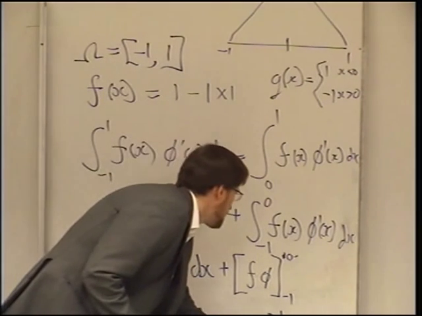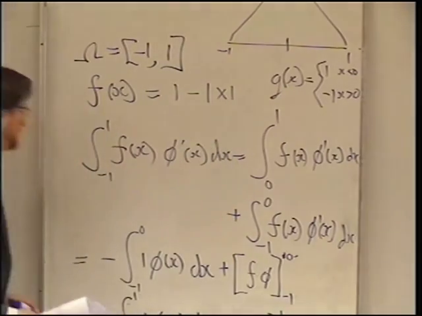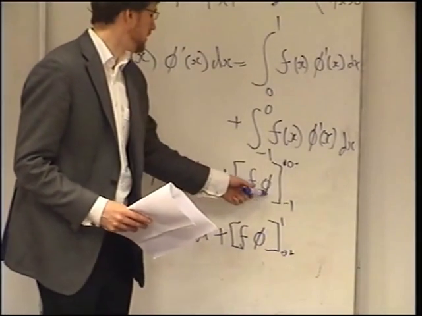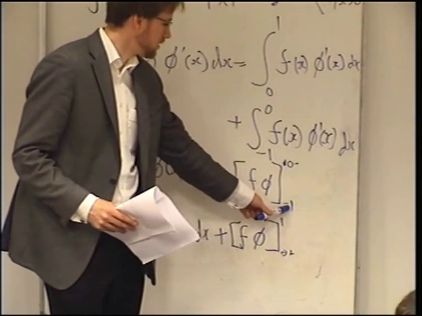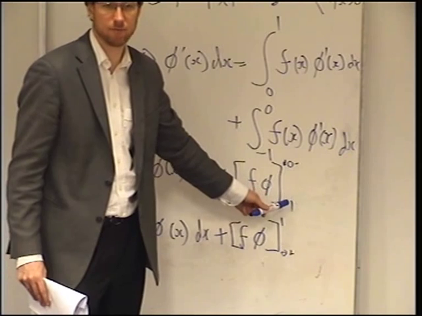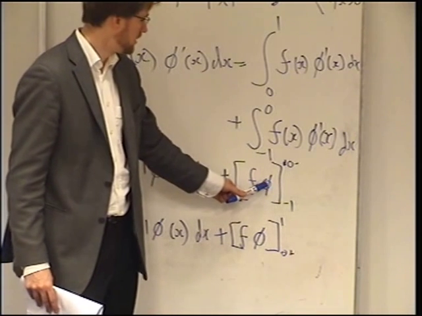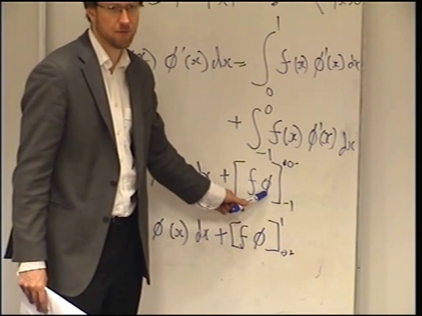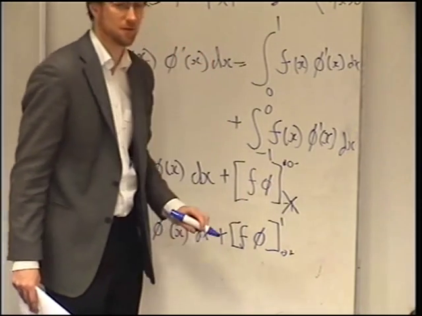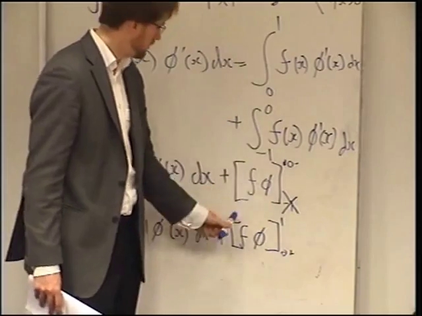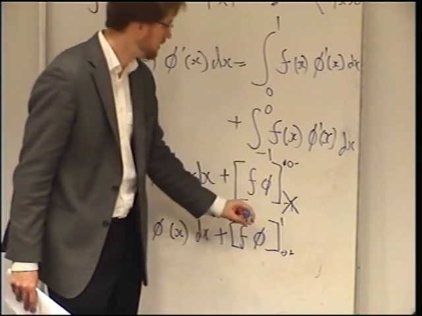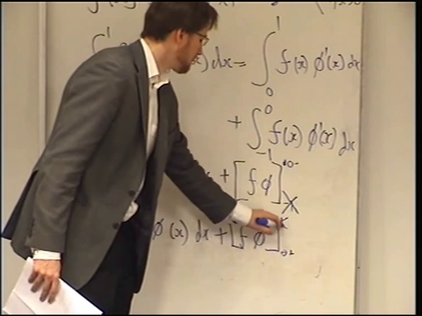And this is the value coming from the plus side. So when we evaluate f times phi at -1, that's on the boundary of the whole domain. So we've already assumed that phi is 0 there, so that term's 0. Similarly, when we evaluate f times phi at 1, that's at the other end of the whole domain, so that one's got to be 0.